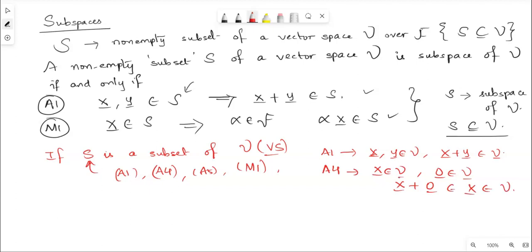And A5: for every vector x belonging to V, there exists an element minus x, also belonging to the set V, such that the addition of these two yields the 0 vector.